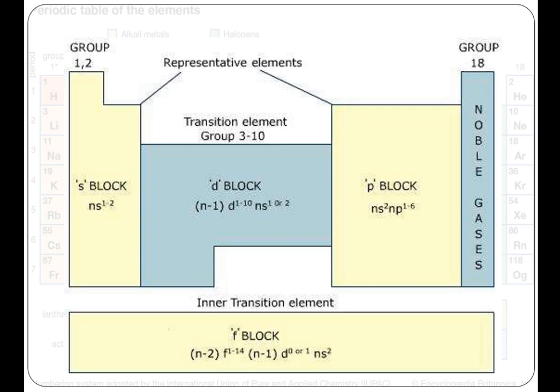In between s and p block, we have d block, which consists of transition elements. At the bottom of the periodic table are present f block elements, also known as inner transition elements.